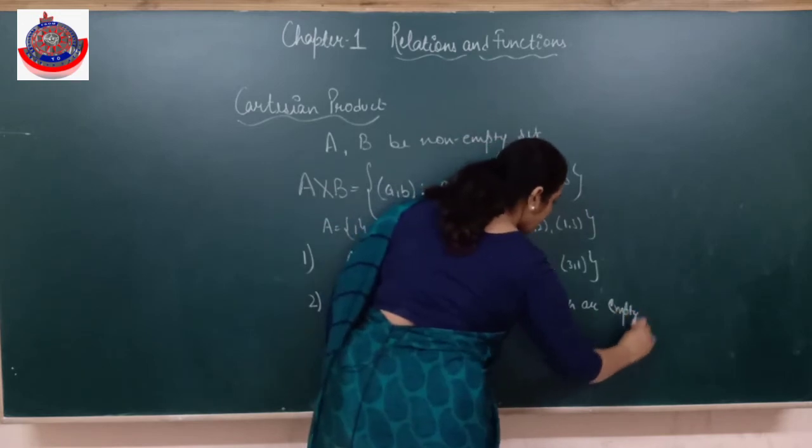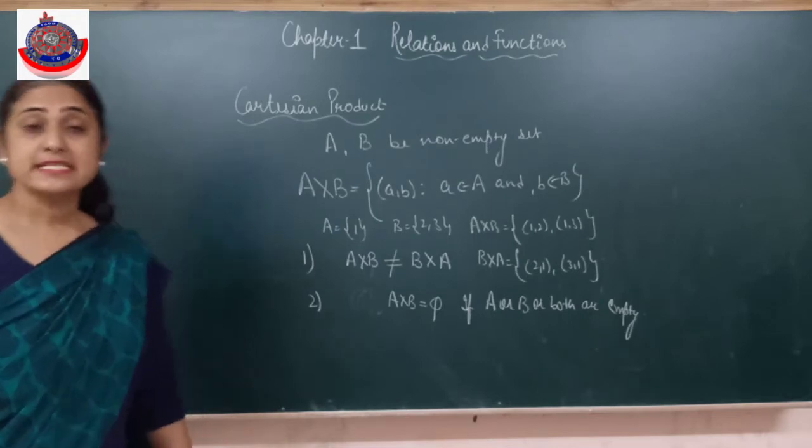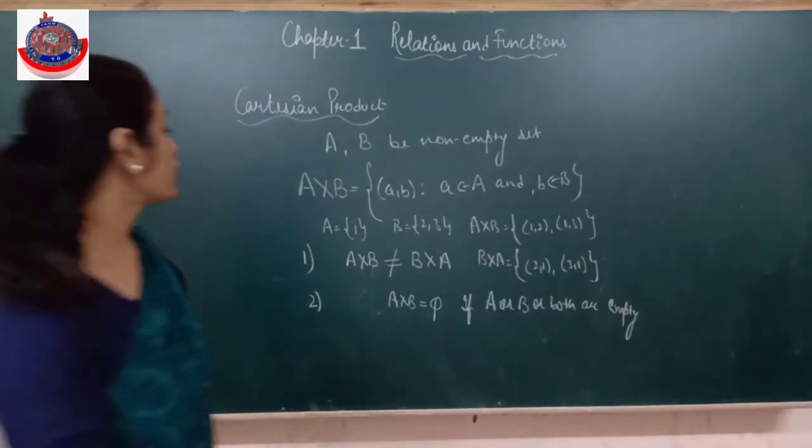Clear? Is it clear to everyone? So A cross B is phi because there will be no ordered pair belonging to A cross B.